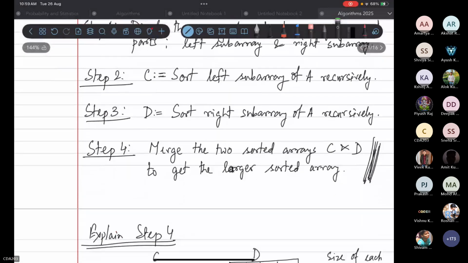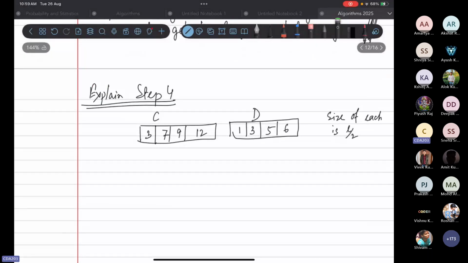So I'm assuming their sizes are L by 2, so my new subarray will be of size L.